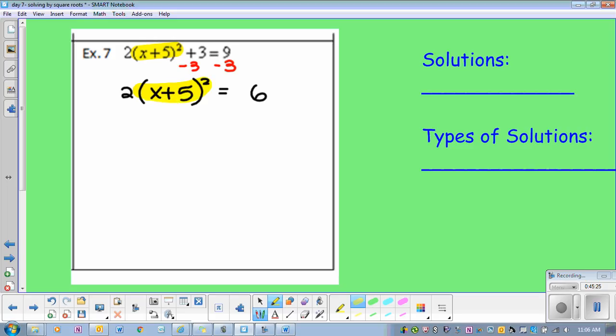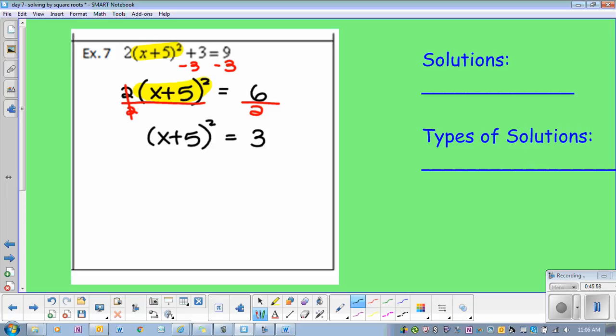So what do I need to move? I need to move this 2. How do I move the 2? Divide. And when you divide this by 2, it doesn't do anything to the inside of the parentheses. All it does is just cancel those out, okay? So then we have x plus 5 inside the parentheses squared equals 3.